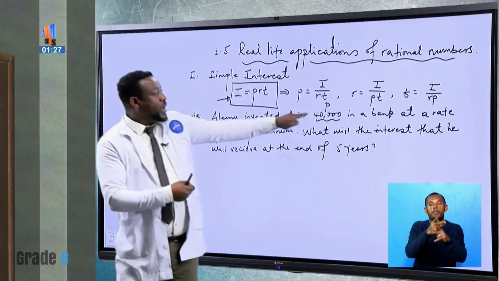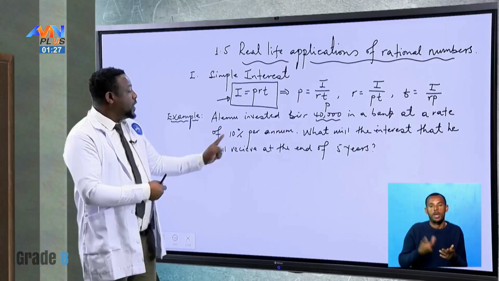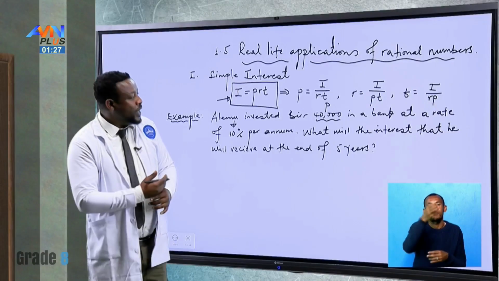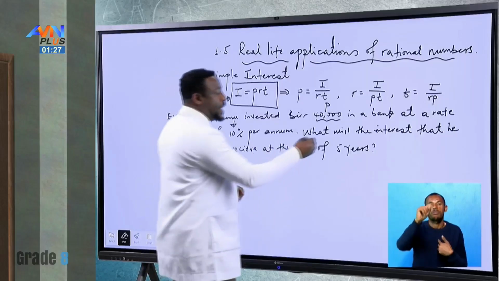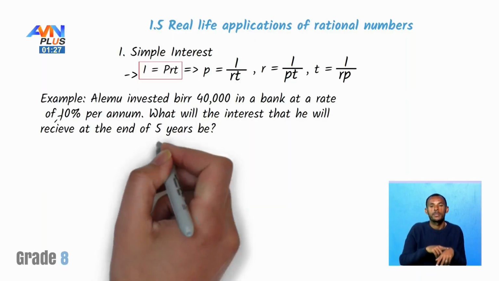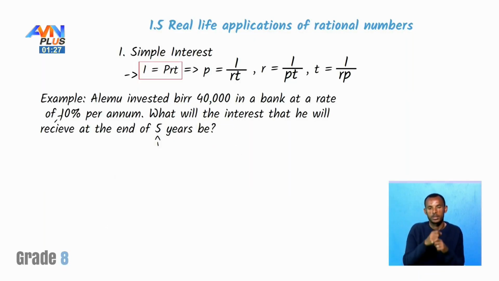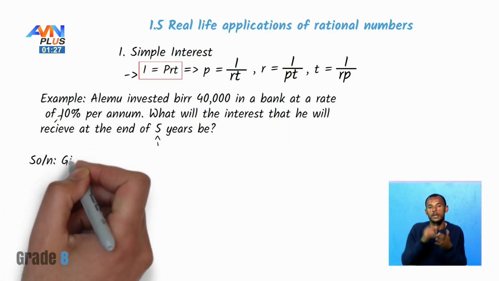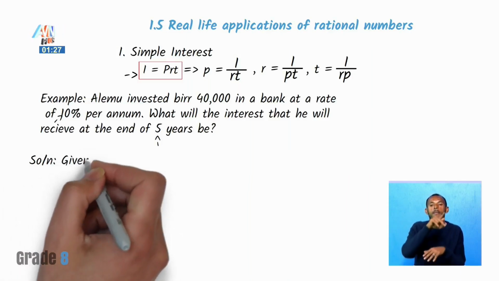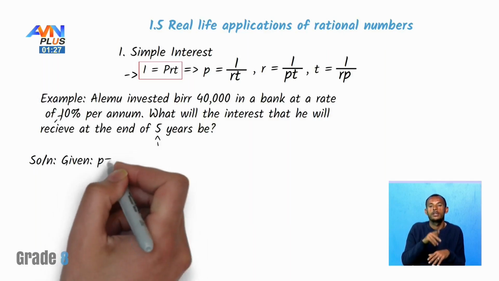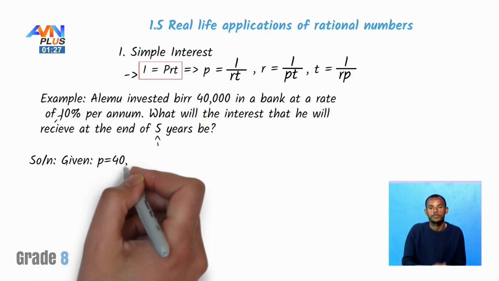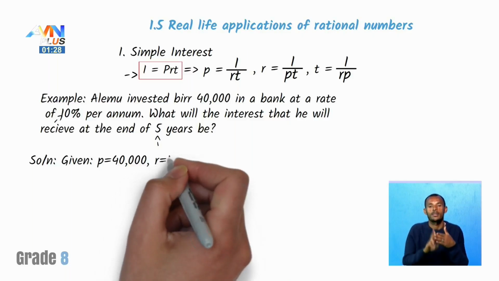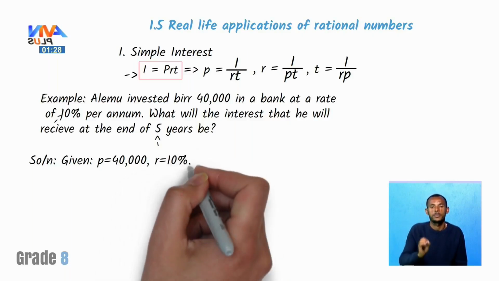So we have the principal, we have the rate, which is 10%, and we have T, or the time. So it's given that the principal is 40,000, the rate is 10%, and the time is 5 years, right?